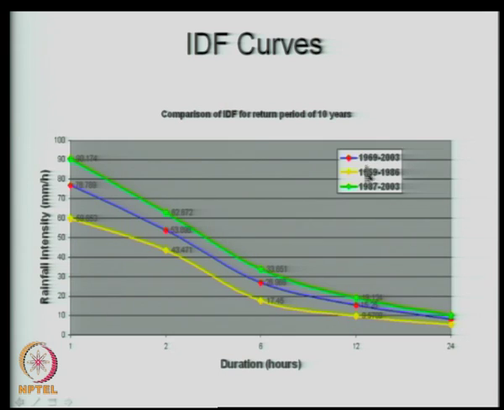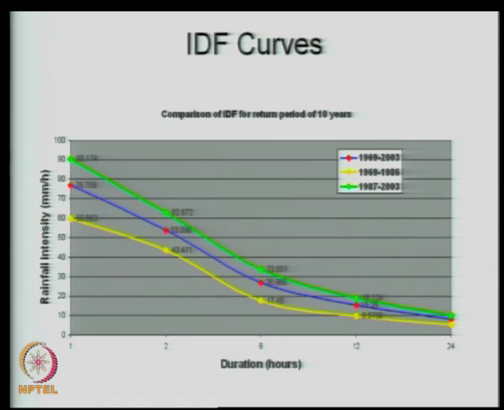And if you consider the entire series, this is how we have obtained earlier. For example, for 2 hour duration, you have got approximately 53.9 millimeters per hour. This indicates that, at least from this limited analysis, as time progresses, the intensities appear to be increasing for the same given duration.